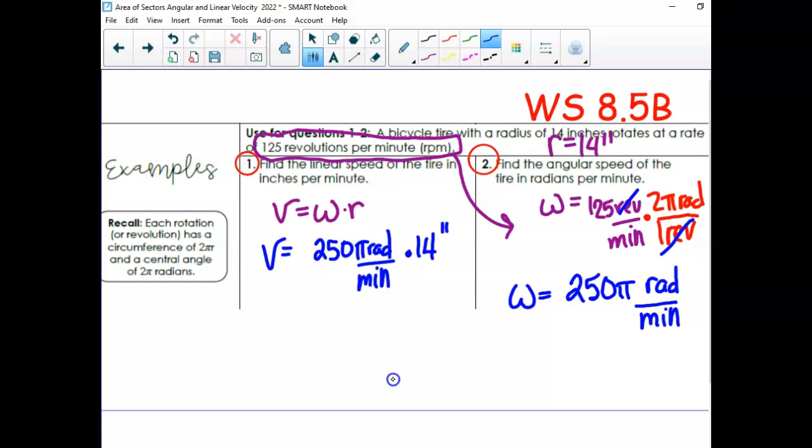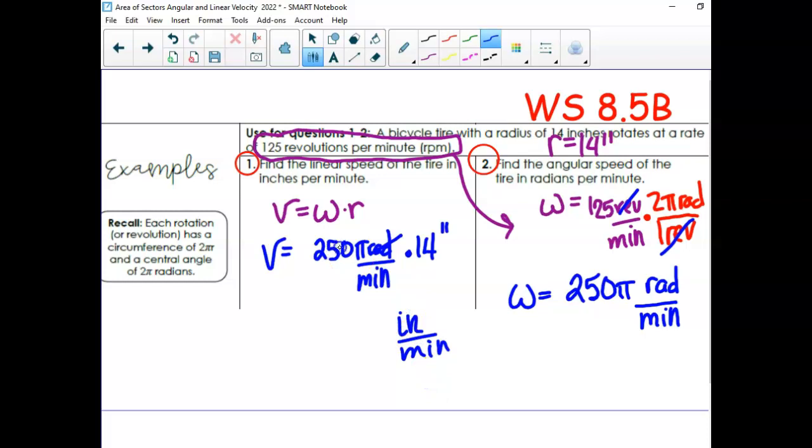Remember how you don't usually write the word radians when it's in radians? That's because that label can just magically go away because these formulas are assumed to be in radians. So if this label goes away, what is left for our labels? Inches and minutes. Everybody good? So we are going to have inches per minute because radians goes away.